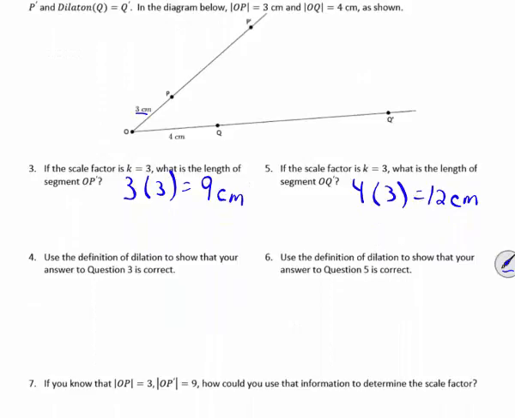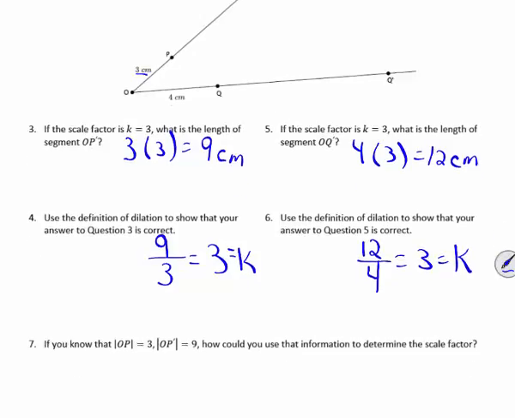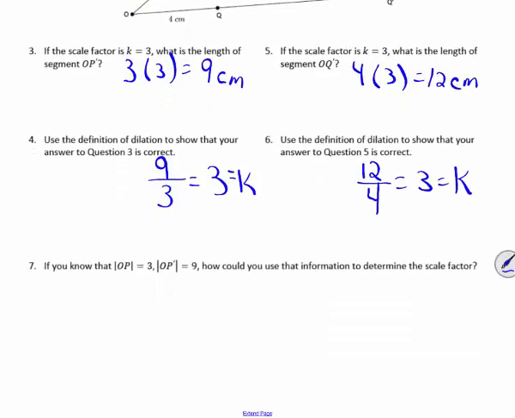Here's OP prime, 9, divided by OP, your scale factor is 3. Same idea over here, I'm going to use 12, which is OQ prime, divided by 4 to get a scale factor of 3. So it's really just doing a check, old school, back to kindergarten, first, second grade, when you would just reverse the operation to show that it worked.